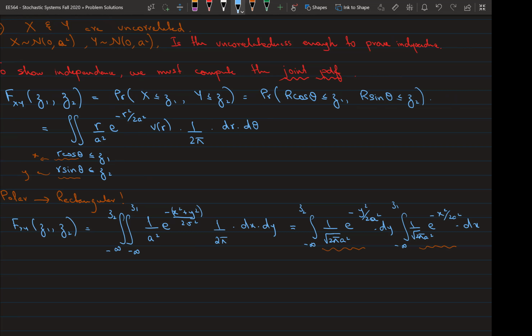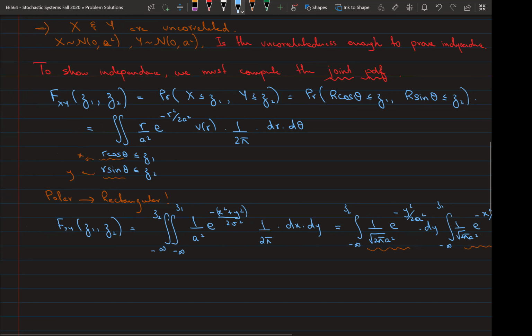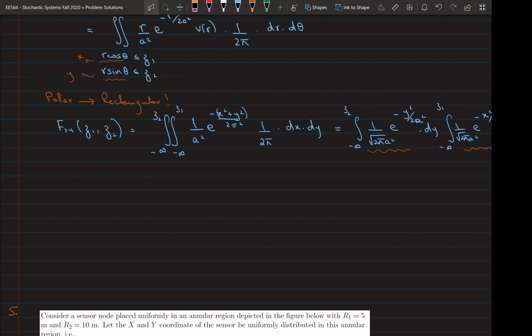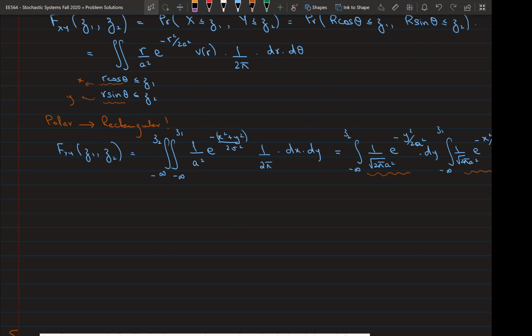Because of which, if I take the partial derivative, okay, the correct way of doing this would have been to compute the partial derivative. So f_XY evaluated at Z1 and Z2 is the derivative with respect to Z1, derivative with respect to Z2 of what?